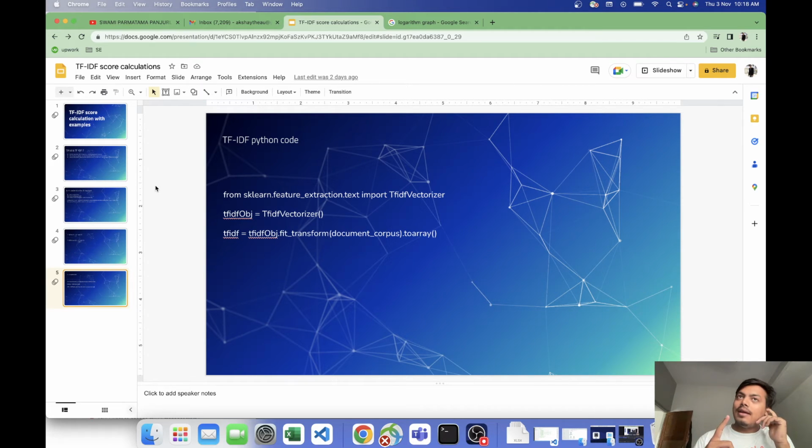I'll give you a better example. Let's say we had a document set of Pinkvilla articles and Times of India articles. We know Pinkvilla is focused more on celebrities, movies and all. So when I find the TF-IDF scores for celebrity and movies, the score will be high for Pinkvilla and low for Times of India.